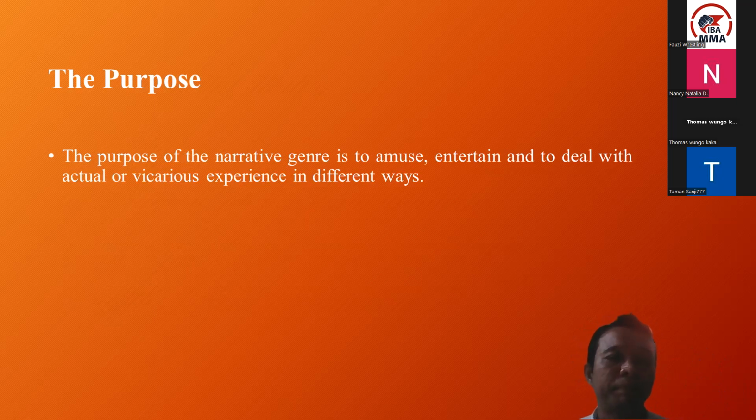Next, we have the purpose. After knowing about the generic structure, the meaning, the tense, now we have arrived at the purpose. So what is the purpose of the narrative text? The purpose of the narrative text or narrative genre is to amuse, entertain, and to deal with actual or vicarious experience in different ways.